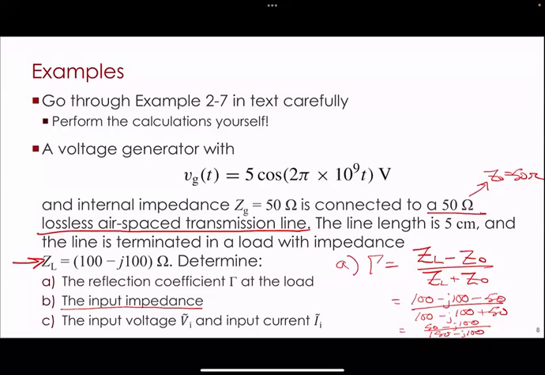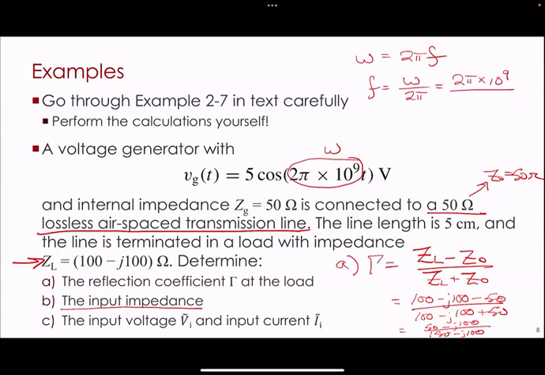Yes, this is omega, because it's always omega t. And I always just remember that omega equals 2 pi F. So F equals omega divided by 2 pi. So 2 pi times 10 to the 9 divided by 2 pi, okay?